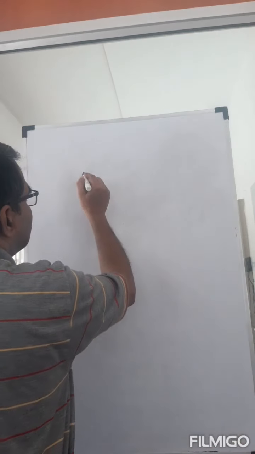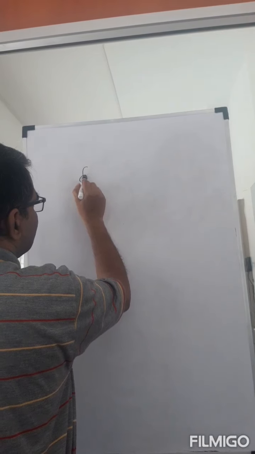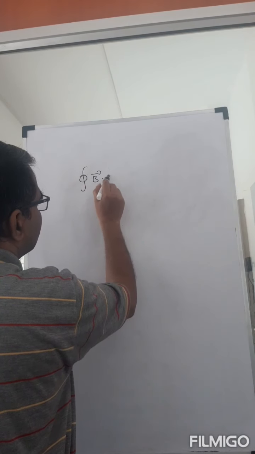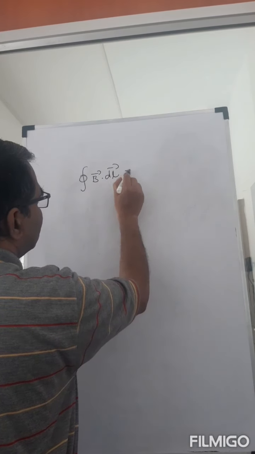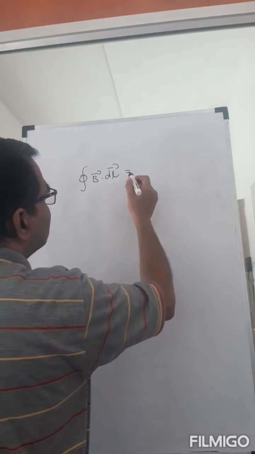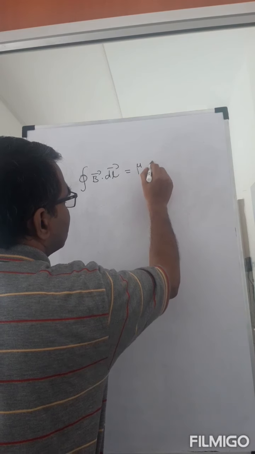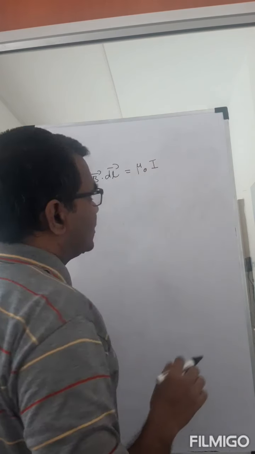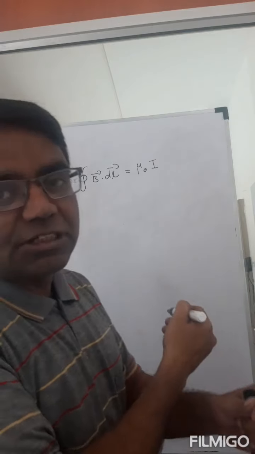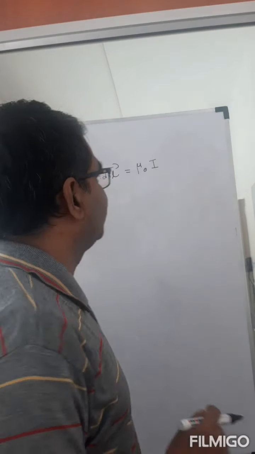I want you to understand that. So what does that law say? It says that the closed loop integral of B dot dl over an open surface is equal to mu naught into I, where I is the current which is piercing through that surface.